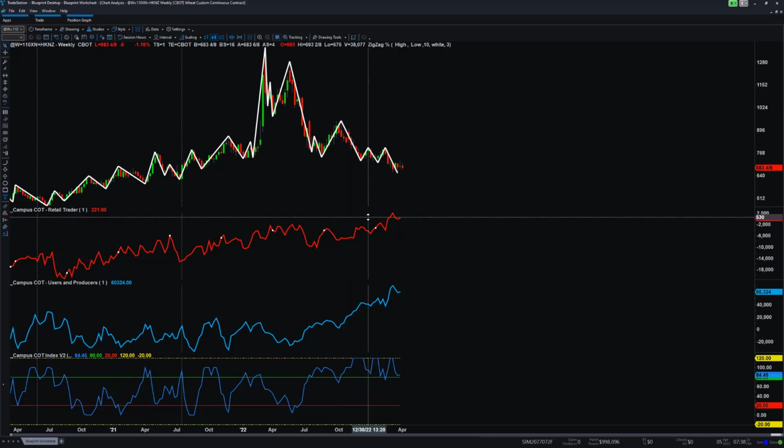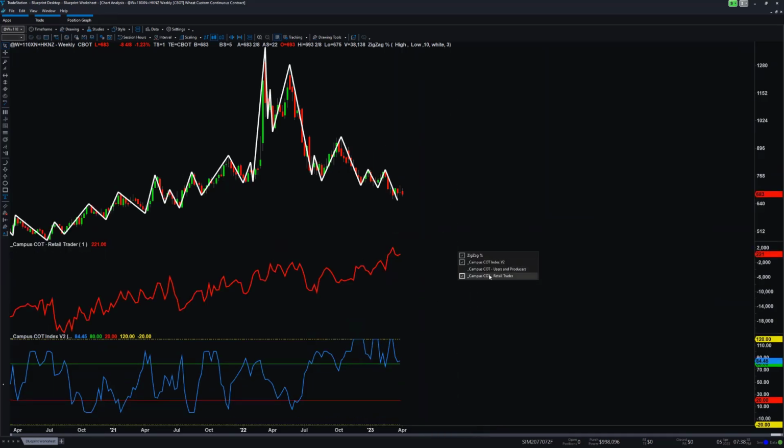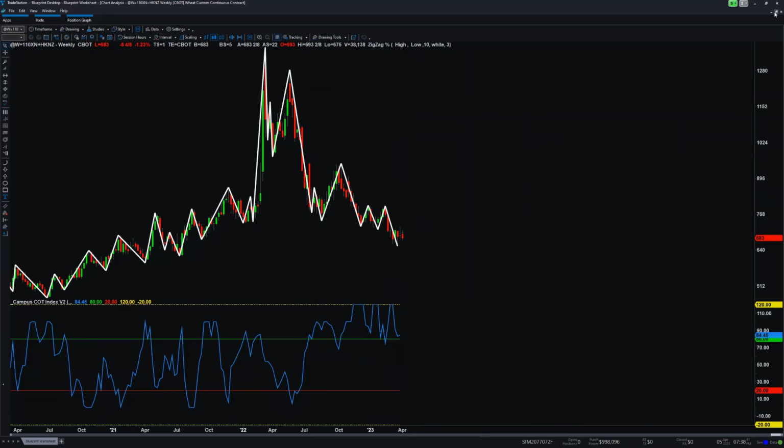So the extremes are pretty wide apart from one another in terms of just the net sizes. So if you want to remove them, you could just remove them again. Don't need them.